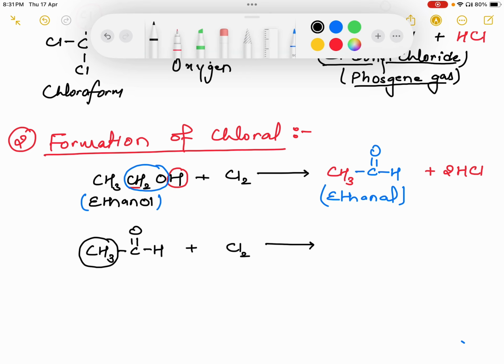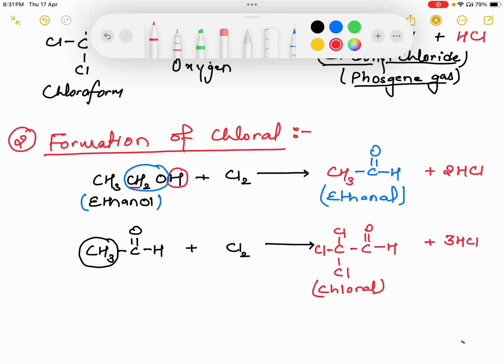The molecule that forms will look something like this: C double bond O H, and the other carbon has three chlorine: Cl, Cl, and Cl, along with the liberation of three molecules of HCl. That is, this one is your chloral.